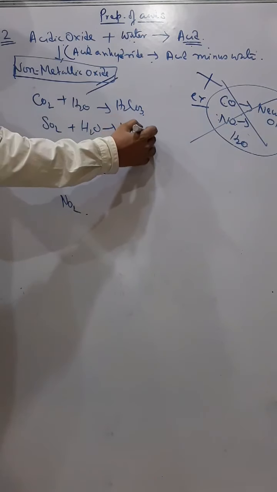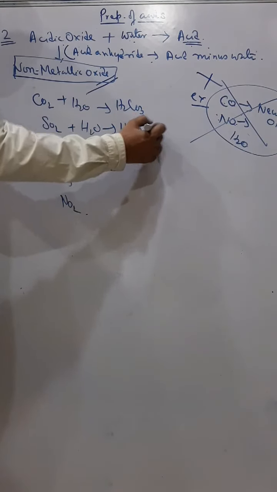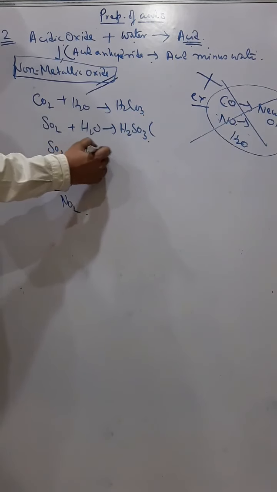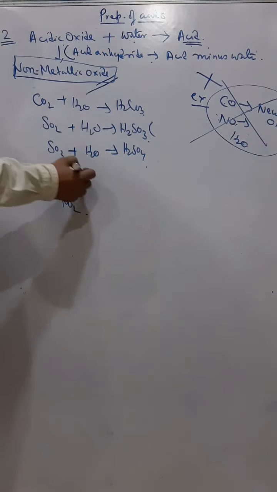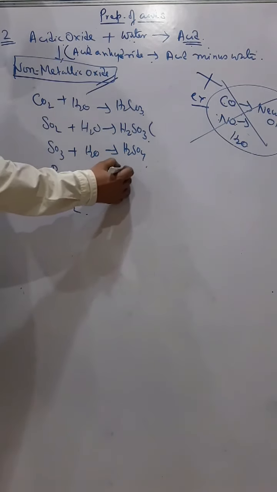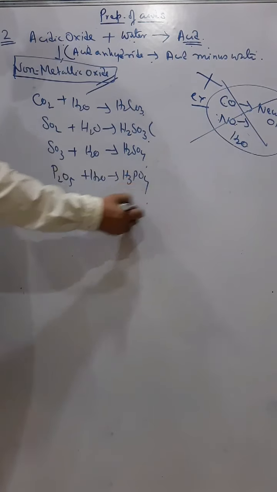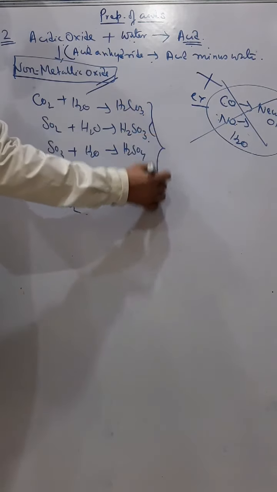Like sulfur dioxide dissolves in water, it produces H2SO3, sulfurous acid. And when sulfur trioxide dissolves in water, it forms sulfuric acid. When phosphorus pentoxide dissolves in water, it produces phosphoric acid. So all these are corresponding acids.